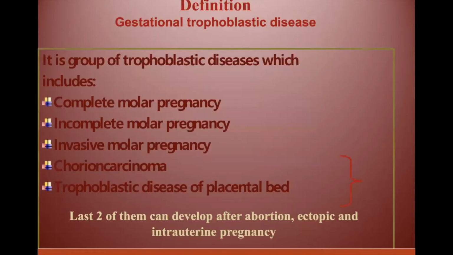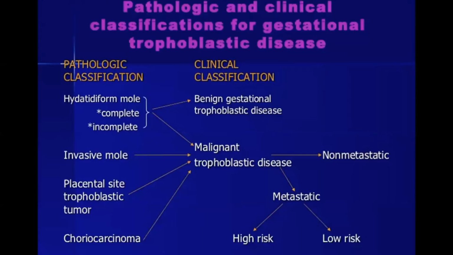We divide gestational trophoblastic disease into complete molar pregnancy, incomplete molar pregnancy, invasive molar pregnancy, choriocarcinoma, and trophoblastic disease of placental bed.